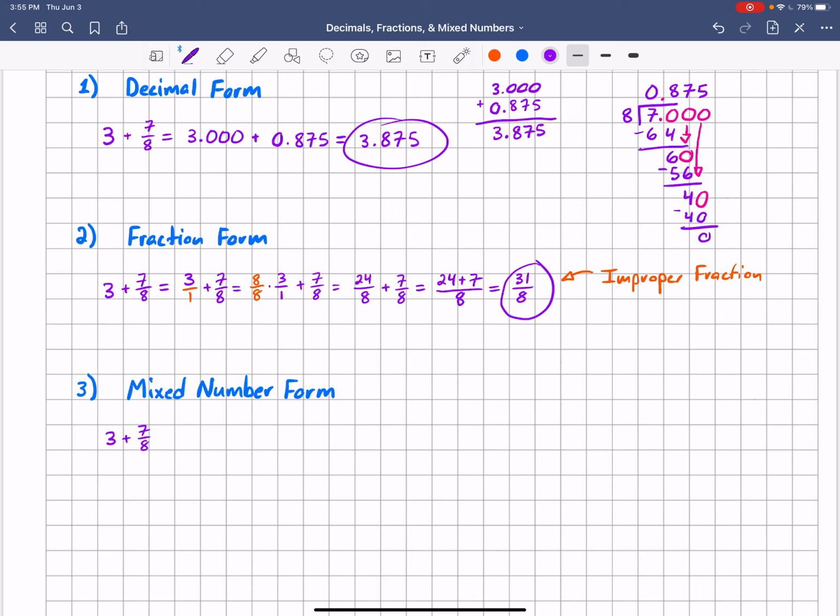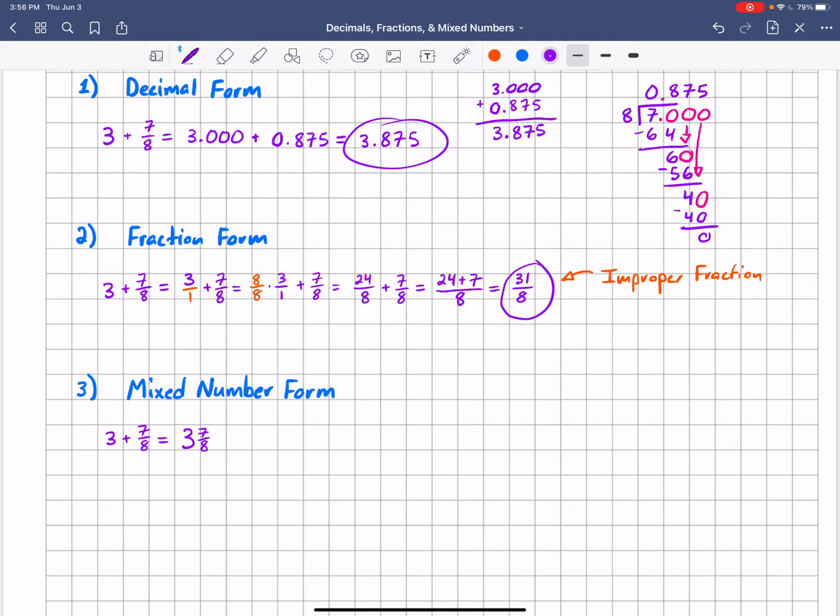Now, believe it or not, all we have to do to turn this into a mixed number is just get rid of the addition and just put 3 right next to 7/8. So the way we write this is 3 7/8. And that's it. So since that was so easy, the one thing I want to show you now is how to convert from fraction form into mixed number form.